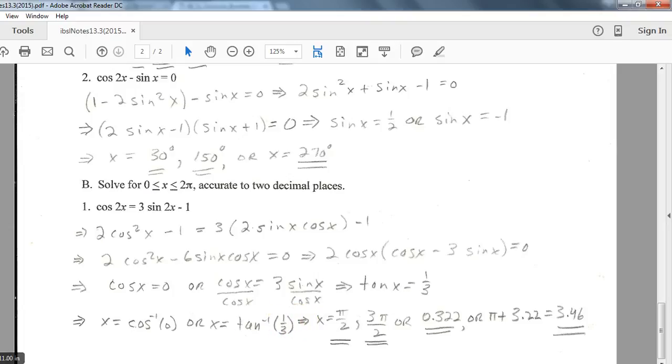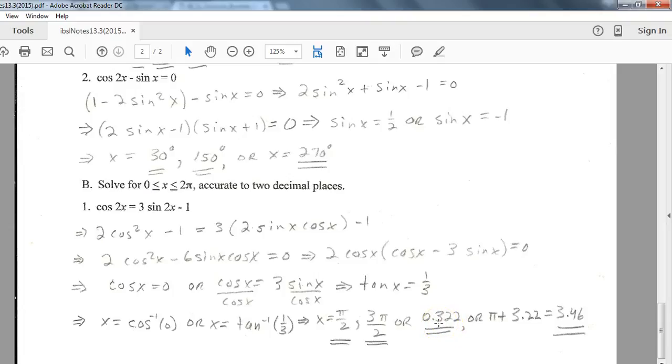If you want to take a second and punch this in with me. Remember your calculator is in radians for this problem because of what I see right here. So inverse tangent of 1/3 in radians is 0.32. This one said 2 decimal places, so it should just be 0.32, but that would be my first one.